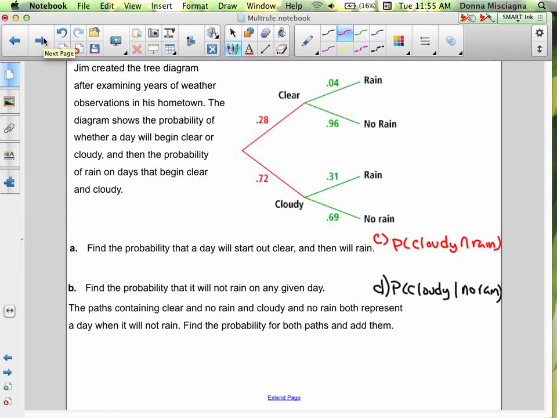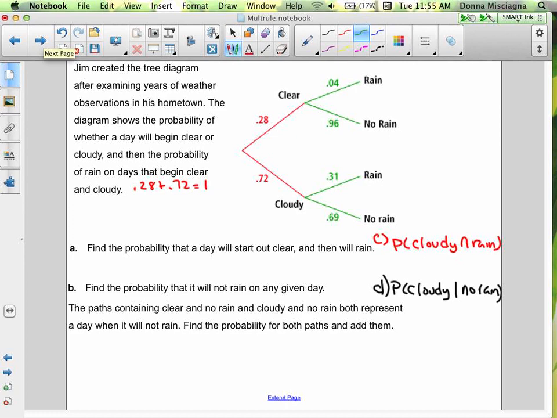If I were to add those two values together, the 0.28 plus the 0.72, they add up to 1. That's kind of interesting. So these ones add up to 1. What if I look at the probabilities of any individual branch? So let's say I go down the clear branch, and then it could rain or it could not rain.